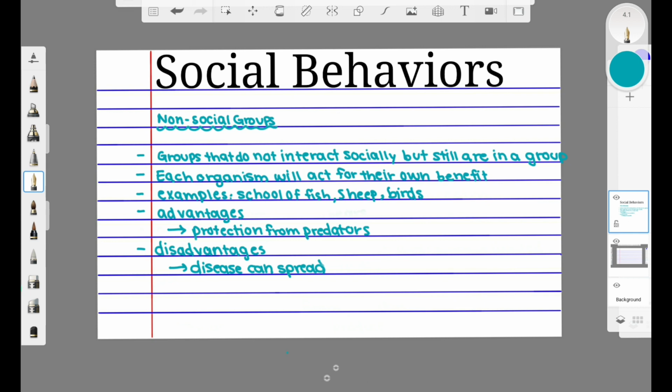Since it's still a group, it's more likely that one organism will spot a predator. But a disadvantage, again, it's still a group, so disease can spread. It might not spread as rapidly as in social groups, which we'll learn about later in the video, that interact much more socially together, but they're still technically living in a group and they can still contract diseases from that group.